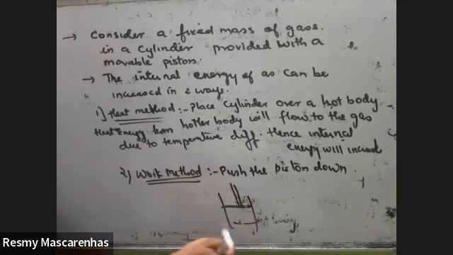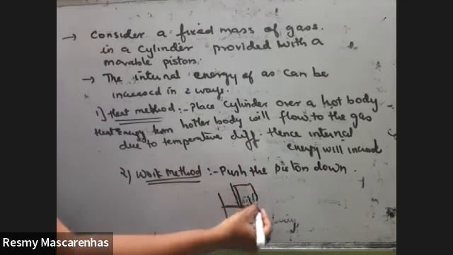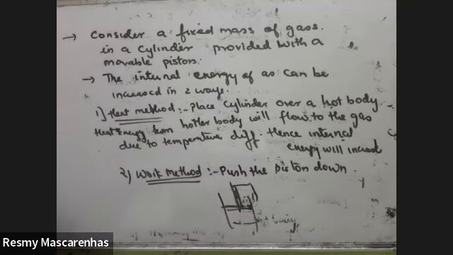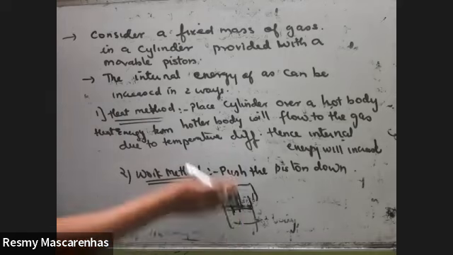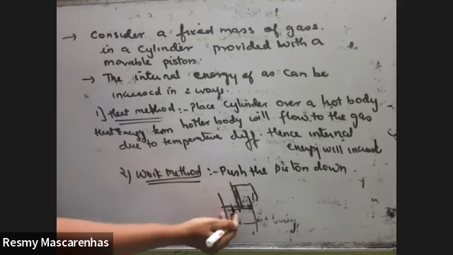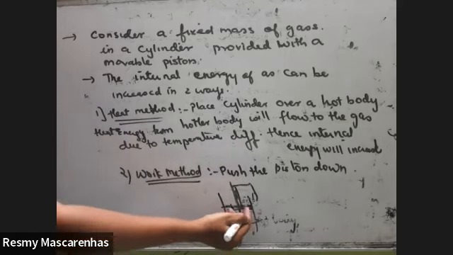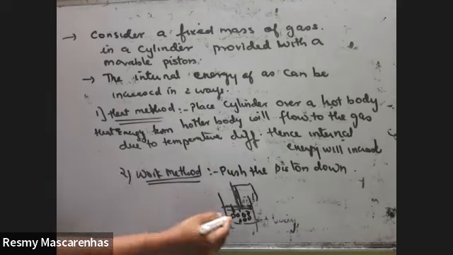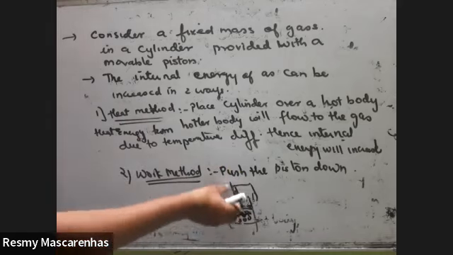So they try to put some weight. Okay, now this will try to put some pressure on the gas. So what is going to happen is, the more this space reduces, the molecules will come closer to each other. The closer they are, there will be more attraction, plus more movement. Okay, basically work is done.